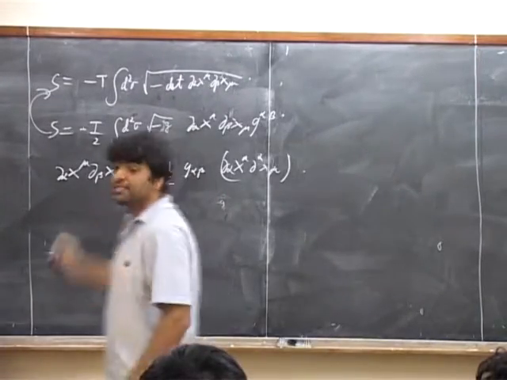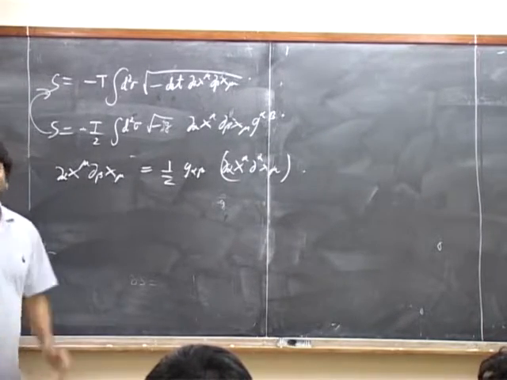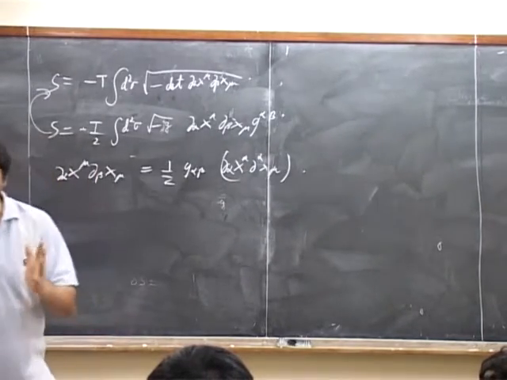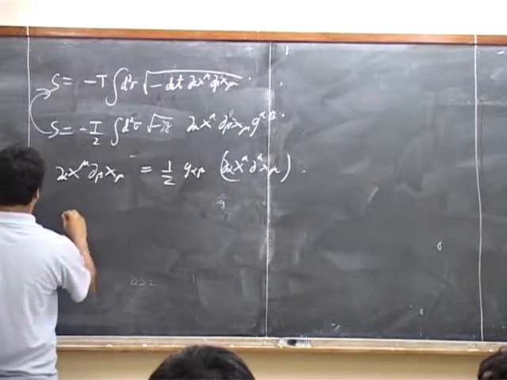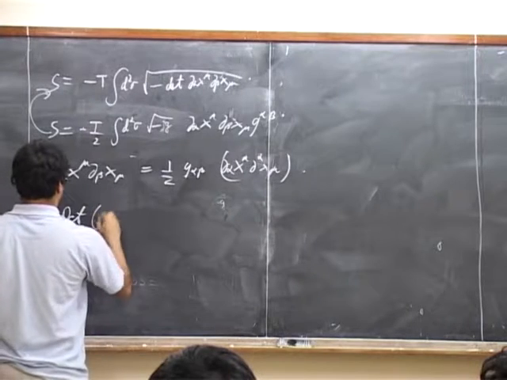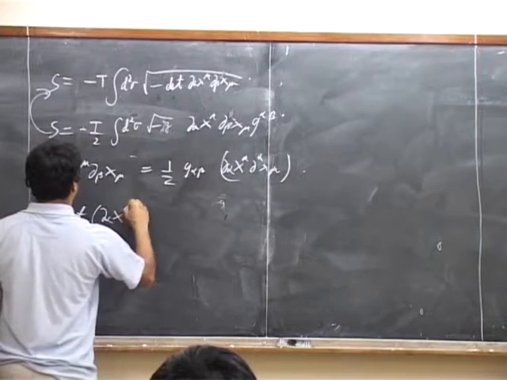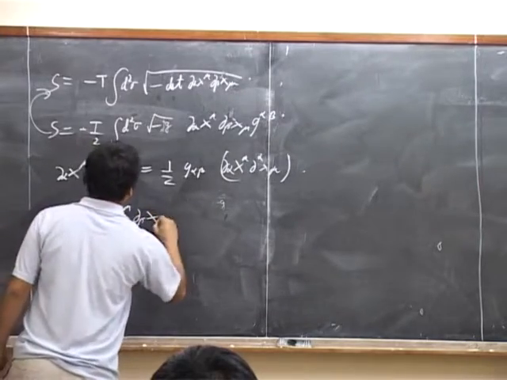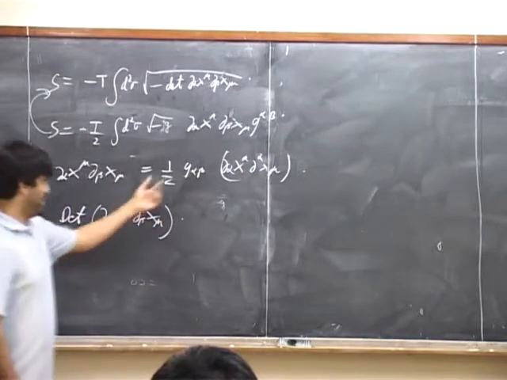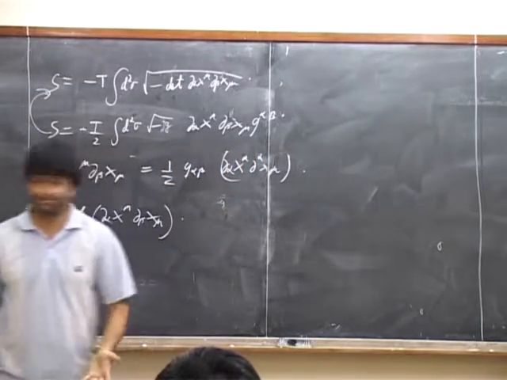Okay, now let's take determinants on both sides. We're talking about minus signs at the moment. That's always tricky. But ignoring minus signs, we get a determinant of this object, del alpha x mu del beta x mu. Now, as far as the matrix structure is concerned, this is a constant.